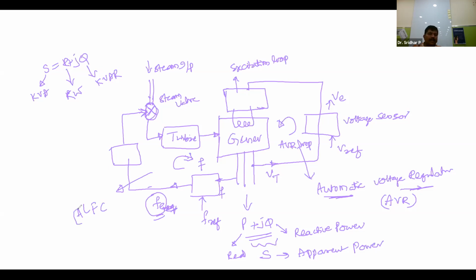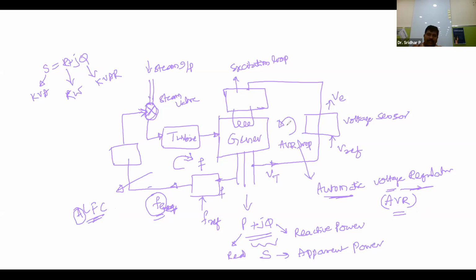Normally this A is used nowadays because whether you take the frequency or the voltage, it will be automatically adjusted. So that's why this is the AVR loop, and this is the ALFC loop. ALFC means automatic load frequency control loop. This is the automatic voltage regulator loop.